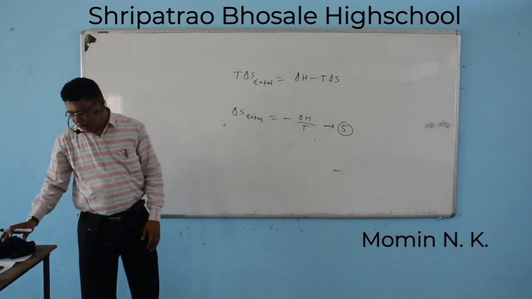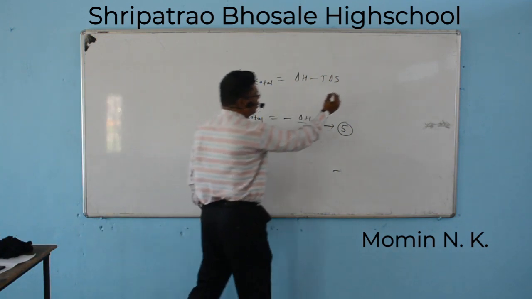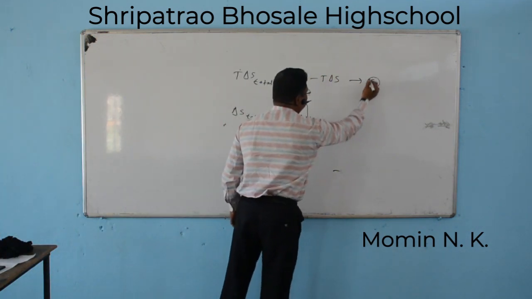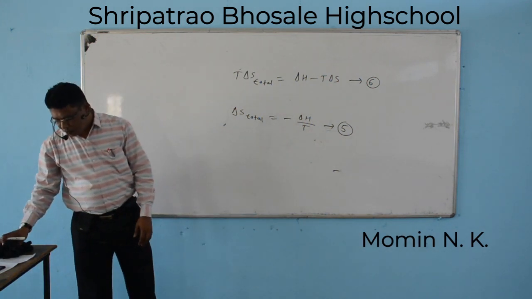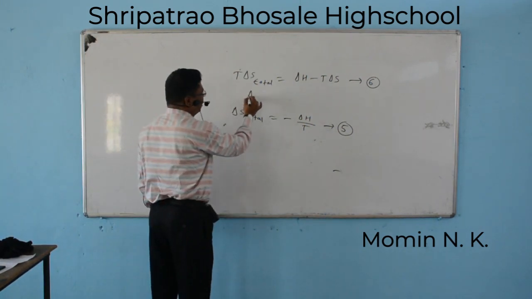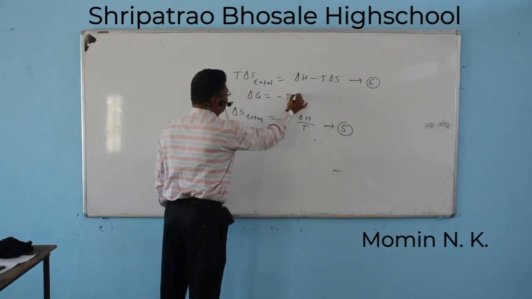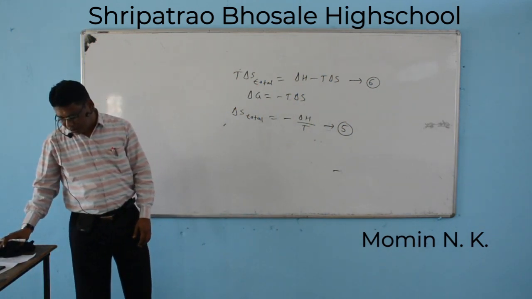Call this equation number 6. Substituting equation number 6 in equation number 2, we get delta G is equal to minus T delta S total.